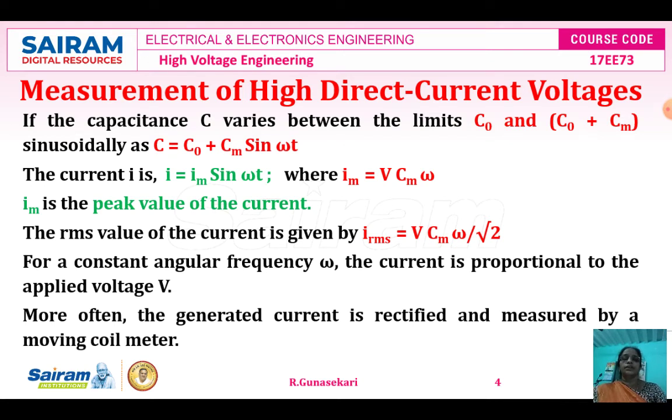Similarly, for constant angular frequency, the current is directly proportional to the applied or source voltage V. The generated current is rectified and measured by a moving coil meter, because this is the instrument used to measure high direct current voltage. If DC, we use the moving coil instrument; if AC, the moving iron instrument. You already studied this principle in electrical and electronics measurements in the third semester.